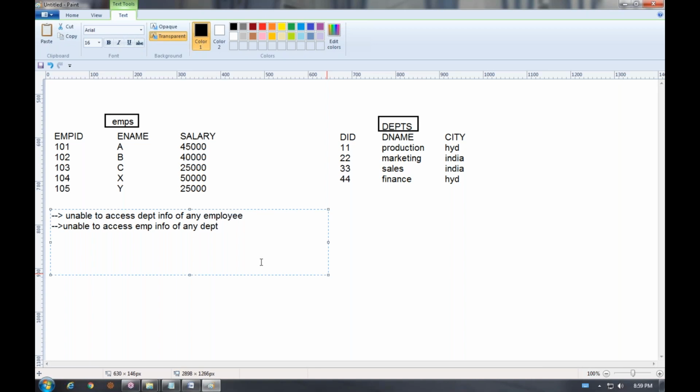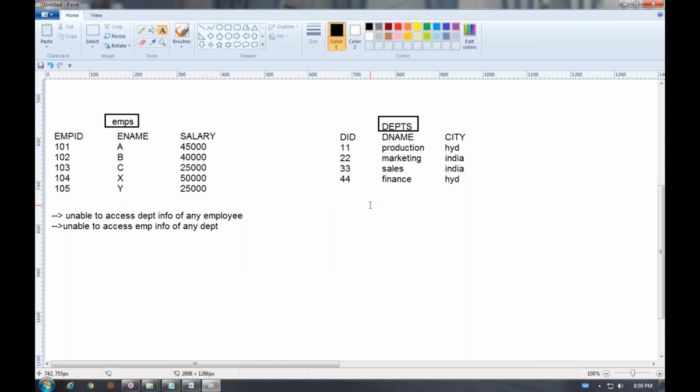Understood? Simple. Just see. Suppose you joined a company. Definitely, you should work under a department. Like that, in my company, there is a production department. How many employees under production? We don't know. What are the names of employees under production? Don't know.